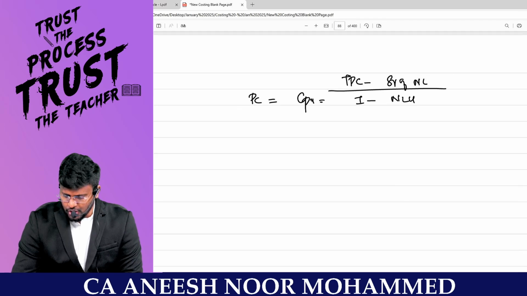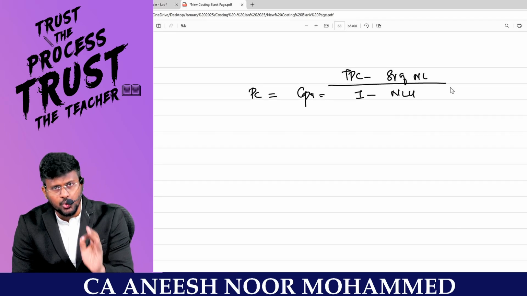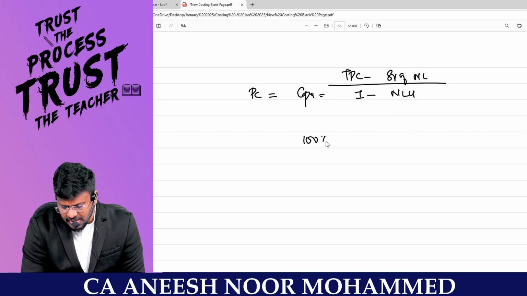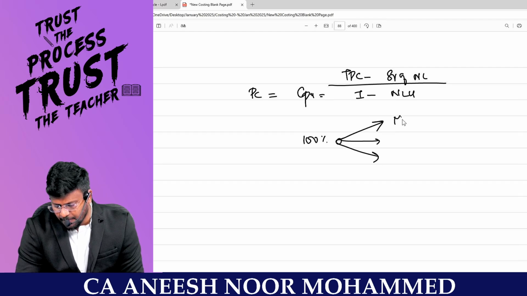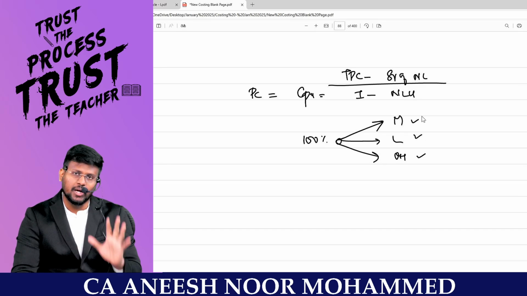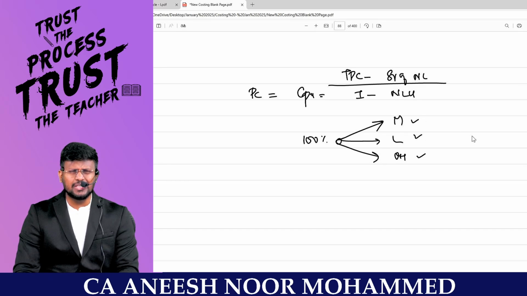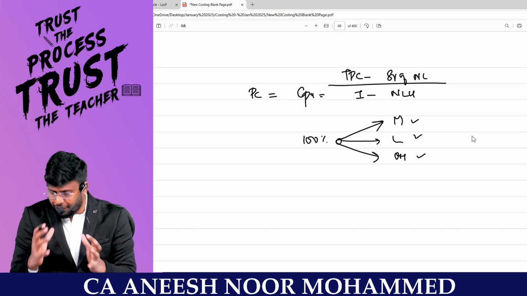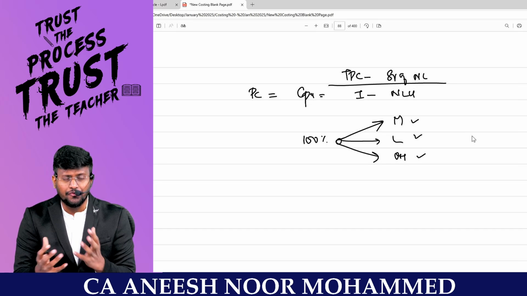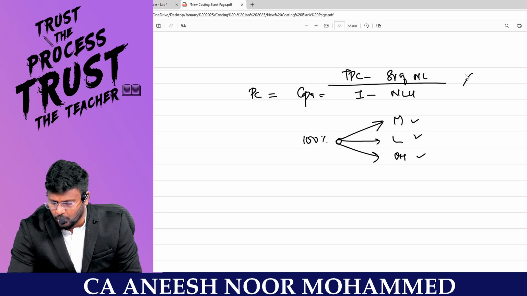In this question, generally this formula will be used if 100% of all the elements of cost such as material, labor and overhead have been fully completed. But if there is WIP, that is opening WIP or closing WIP, or if you are having different percentages of completion of cost for different elements, then this formula will not work out.